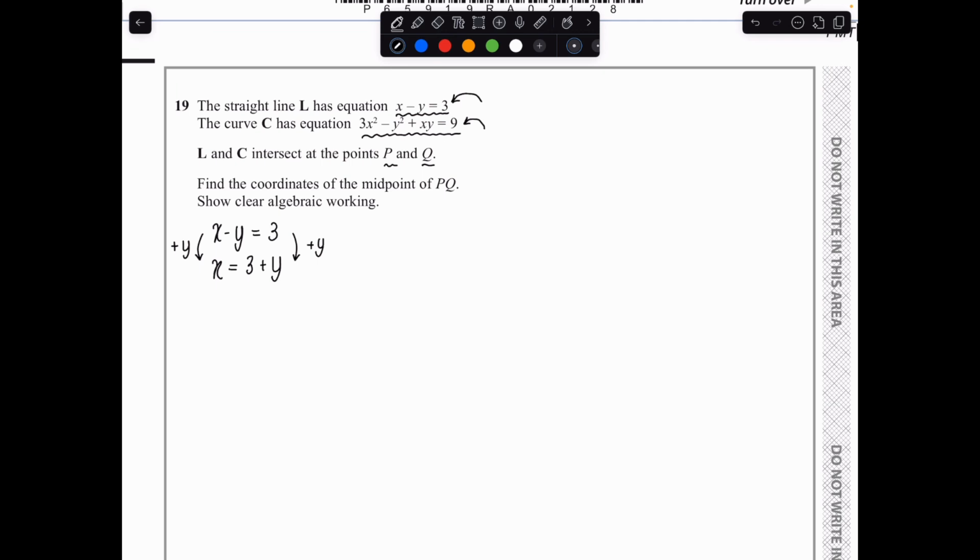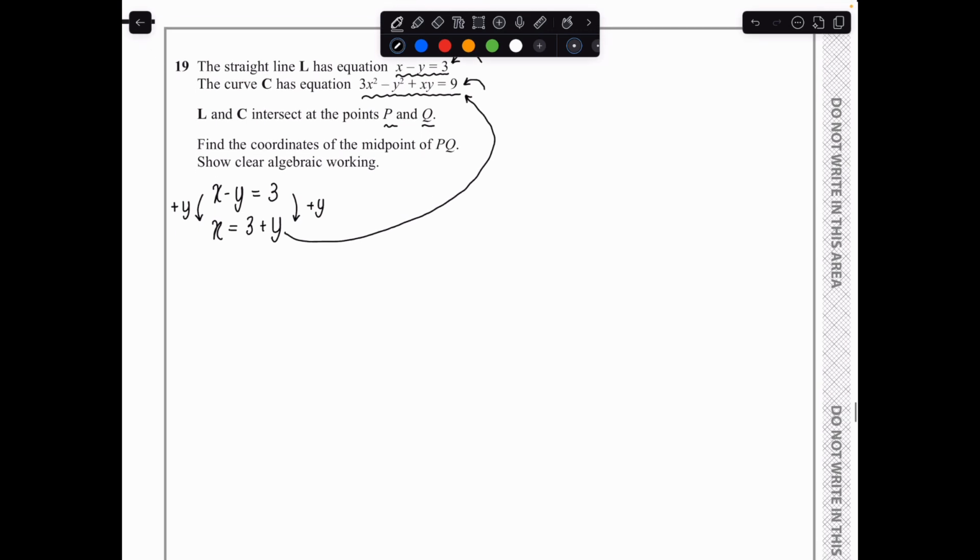Now from here, what we want to do is substitute this into the equation of the curve. So we have 3x squared minus y squared plus xy, and all of that is equal to 9. But now, wherever we have an x, we will substitute 3 plus y into it. So we have 3, then 3 plus y all squared, take away y squared, plus x multiplied by y.